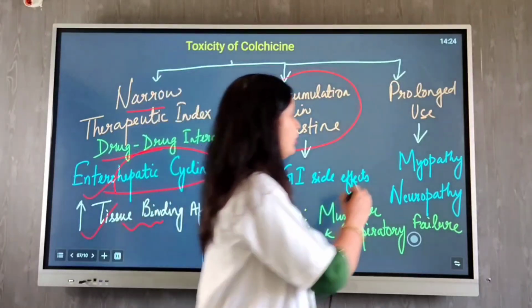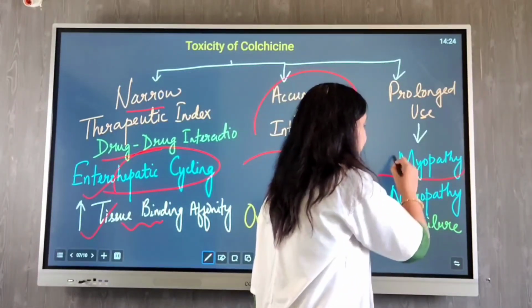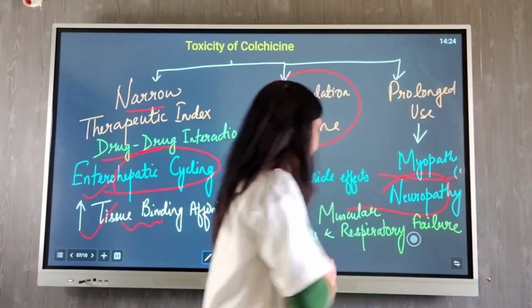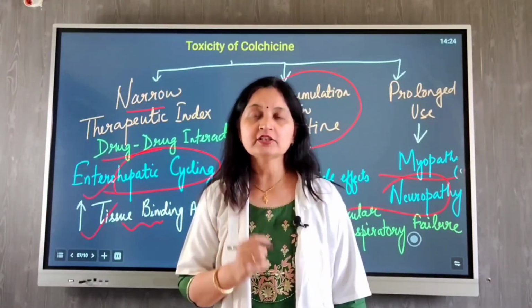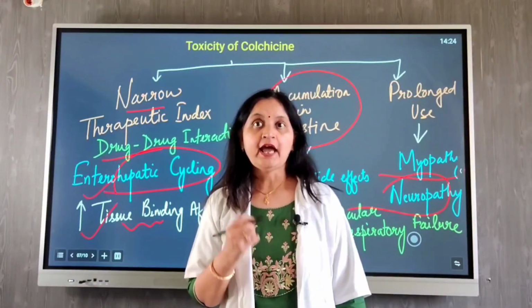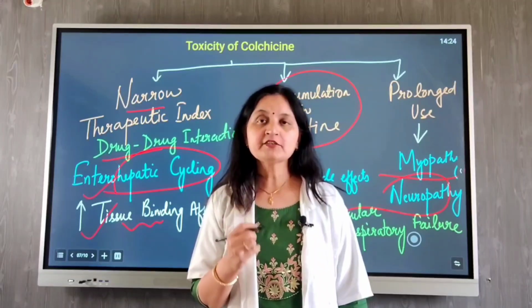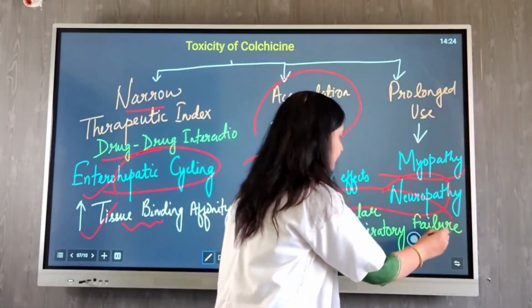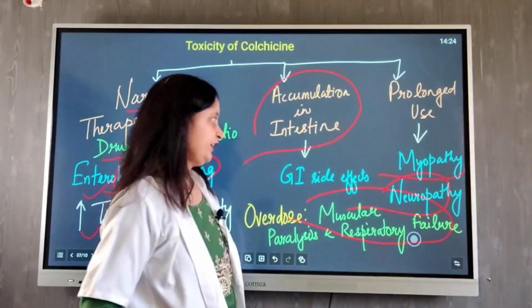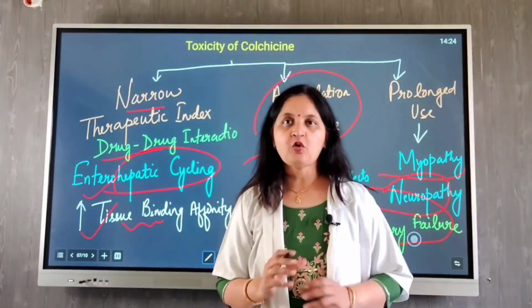Prolonged treatment with colchicine can cause myopathy and neuropathy. And in overdose, death from colchicine can occur, resulting from muscular paralysis and respiratory failure.